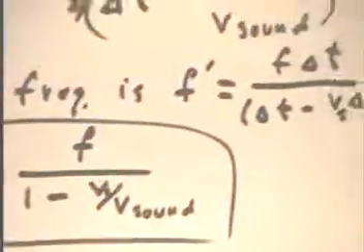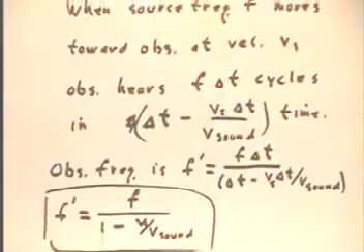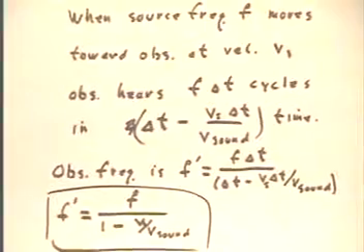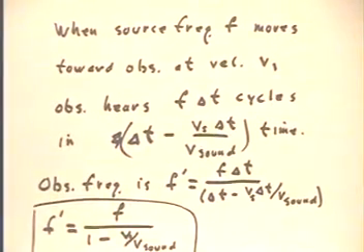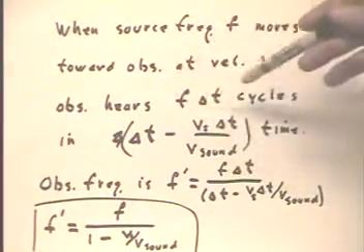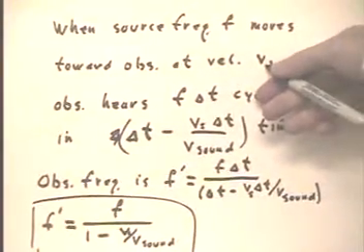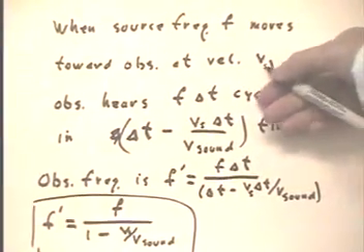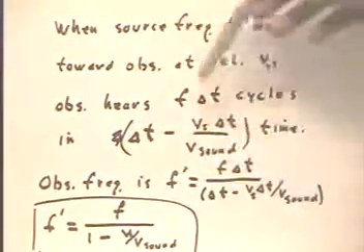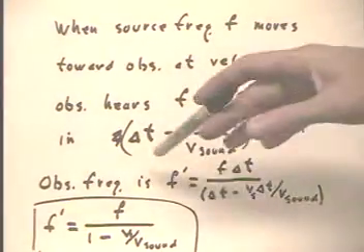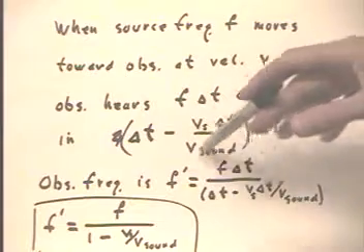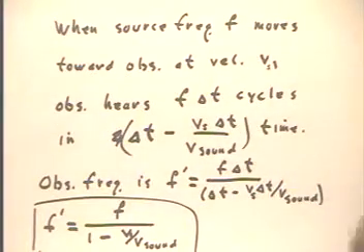We conclude that when the source of frequency f moves toward an observer at a velocity Vs, then the observer hears the f delta t cycles in time delta t minus Vs delta t over velocity of sound time interval.